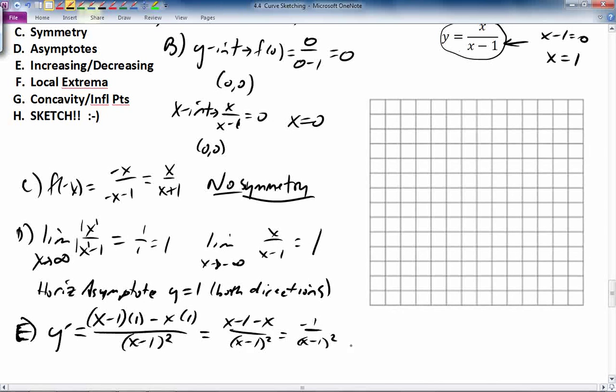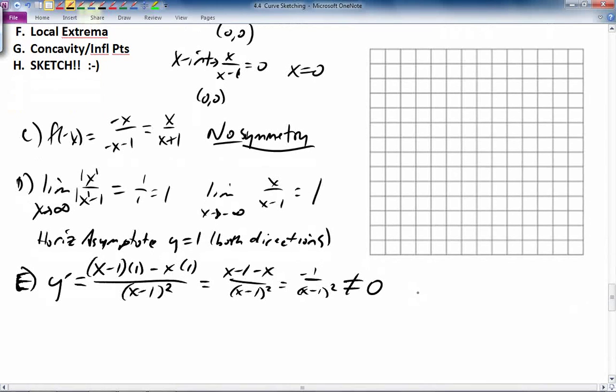So what are our critical numbers? This cannot equal 0 because the numerator is negative 1. No x values are going to make this fraction equal 0. Where does this fraction not exist? It does not exist at x equals 1, because that makes the denominator 0.